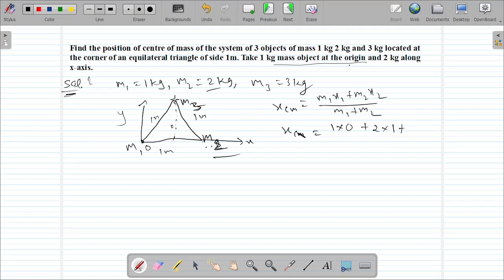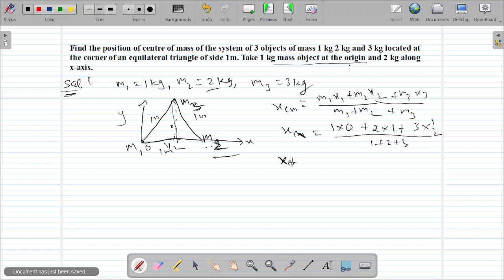Plus this third particle is also there along the x axis. It is at some distance from the origin along the side of the x axis. So how much distance? It lies at half, so this will be 1 by 2. So that is m3 x3, divided by m1 plus m2 plus m3. So now 1 into 0 plus 2 into 1 plus m3. m3 is how much? 3 into x3, which is 1 by 2, by 1 plus 2 plus 3.